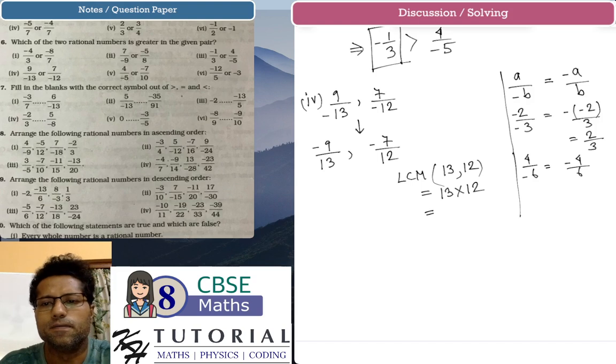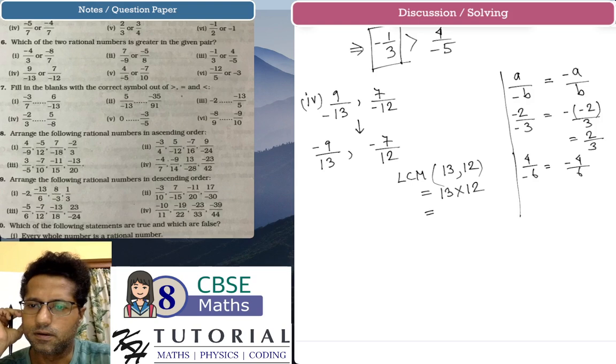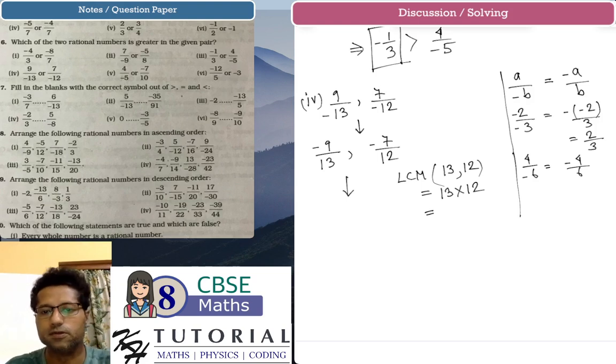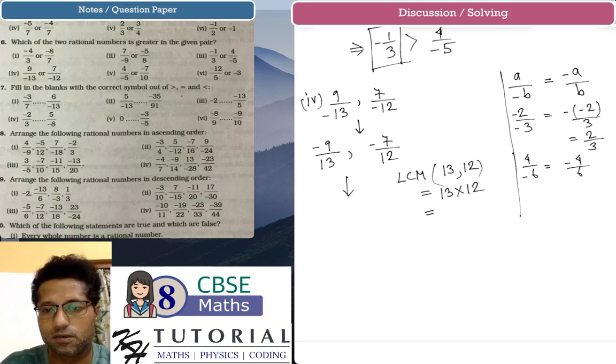Okay. Now we have to convert the rational numbers minus 9 by 13 and minus 7 by 12 to their equivalent form, so that both the equivalent rational numbers have a common denominator of 13 into 12. So in that process, what will be the equivalent form of minus 9 by 13, so that the denominator is 13 into 12?